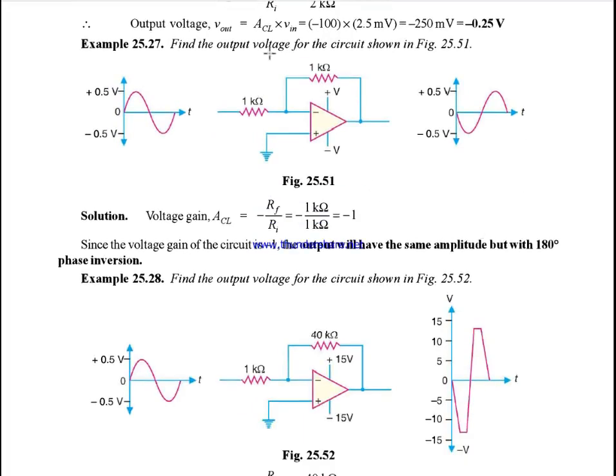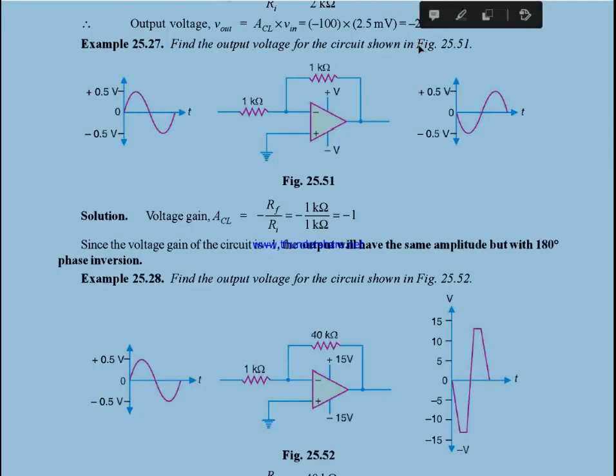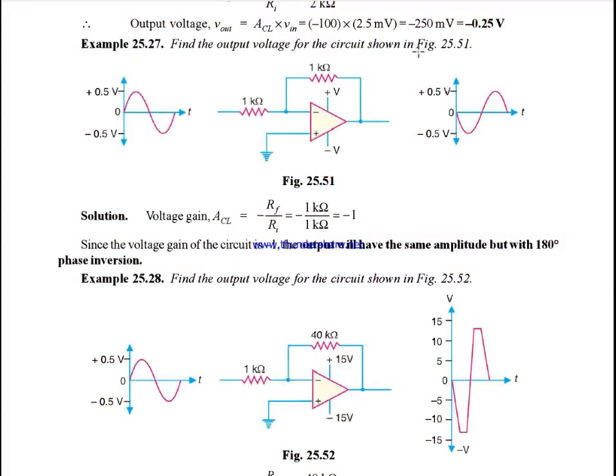Next problem. Find out the output voltage for the circuit shown. Here you have to draw the output voltage. Instead of showing the voltage source in the circuit, the input graph is given here. That means this is an input having voltage 0.5 volt.